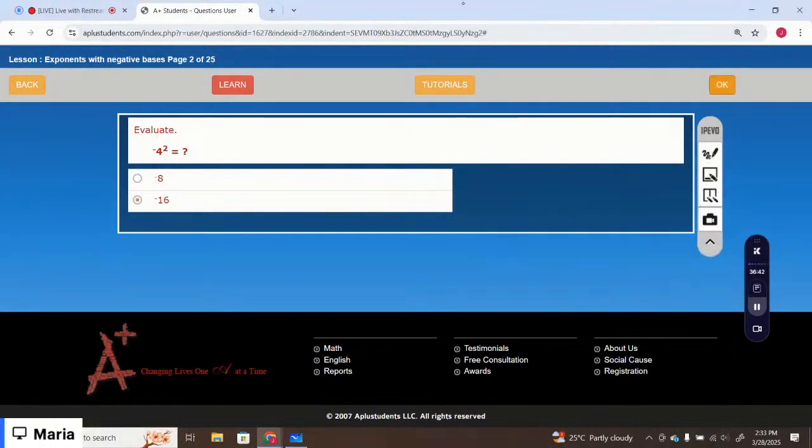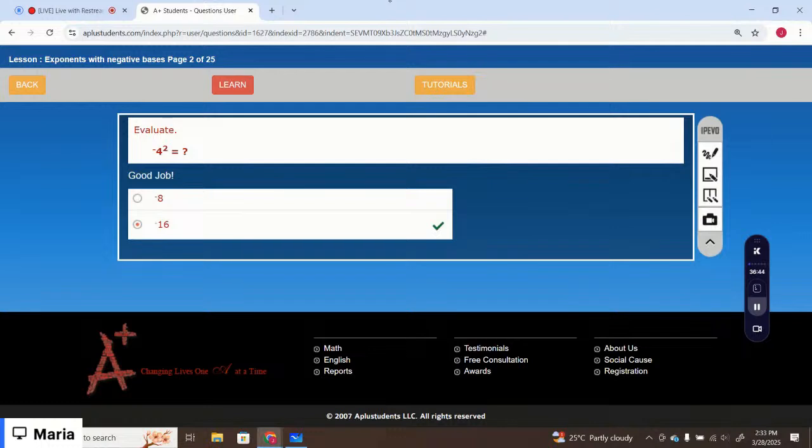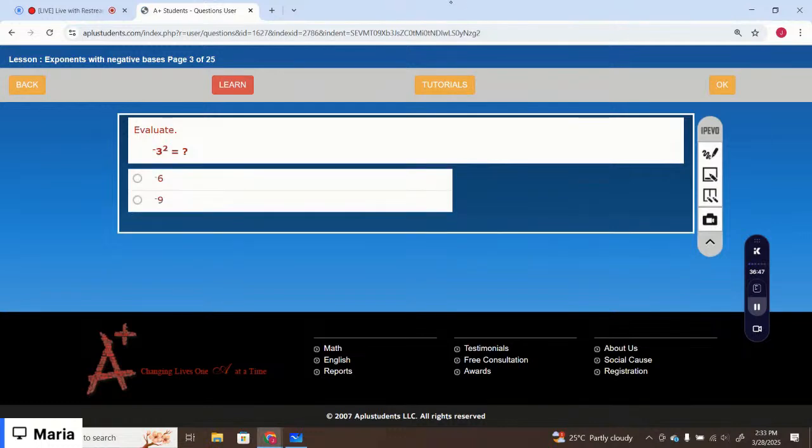Option number 2 is the correct option. That is negative 3 squared.